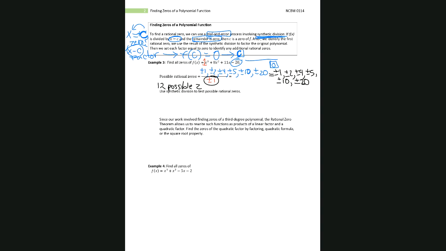And so at this point, it could be a little overwhelming to graph, I'm sorry, not to graph, but to test for all of those. So if you are allowed to use a graphing calculator in your class, what I would strongly suggest is that you graph your polynomial, and you could graph it in your graphing calculator.